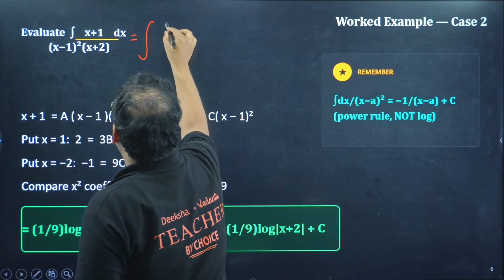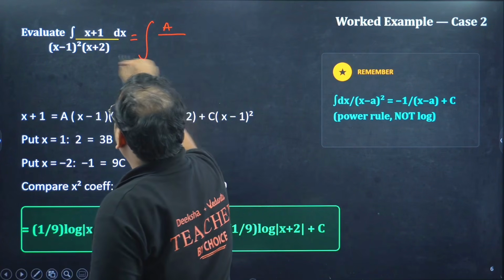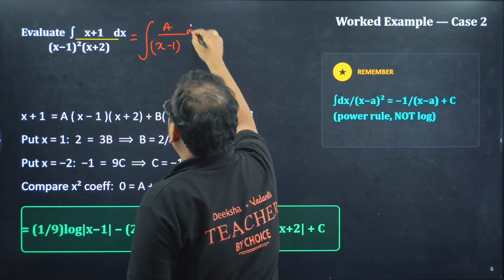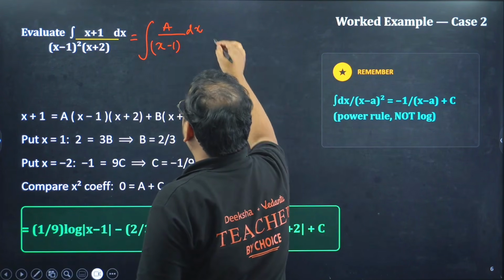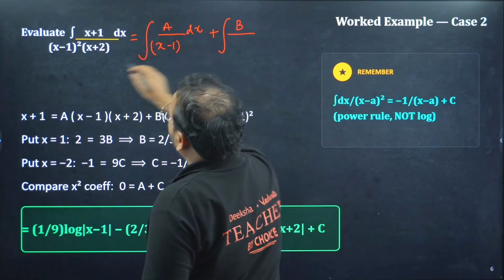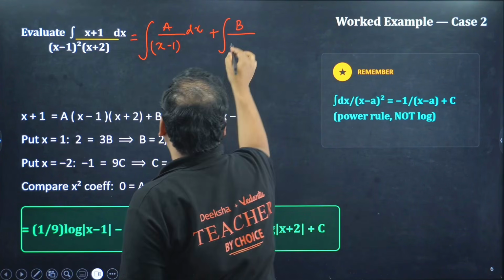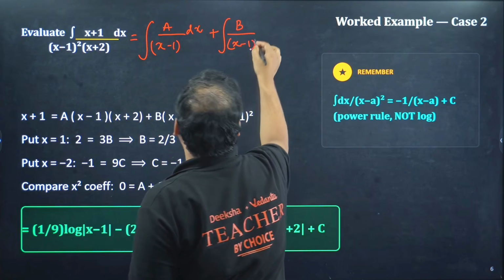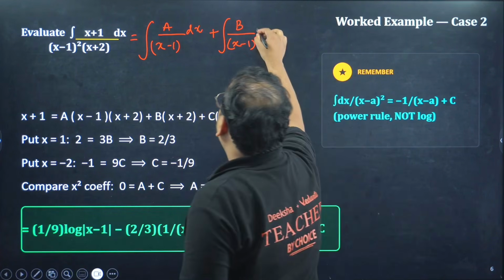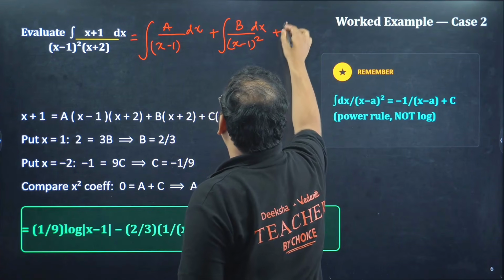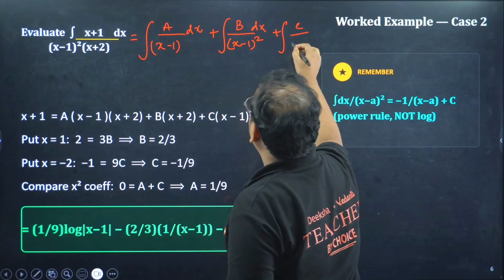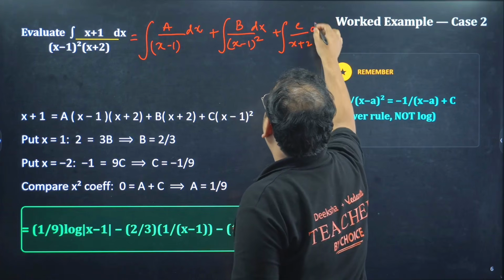Write the first one as A upon x minus 1, dx, plus the integral of B upon the repeated linear factor, x minus 1 the whole square, dx, plus the integral of the last one, C upon x plus 2, dx.